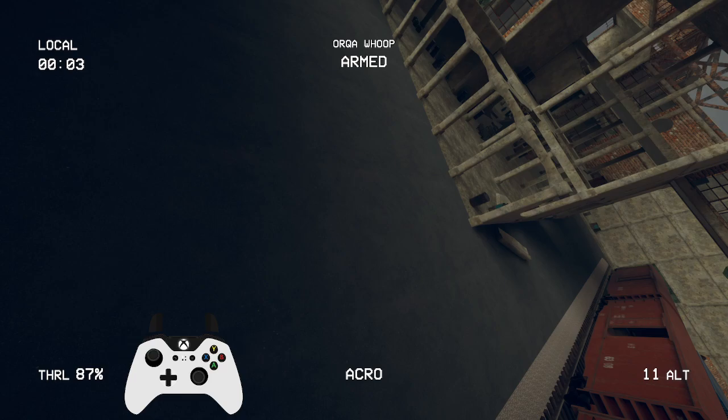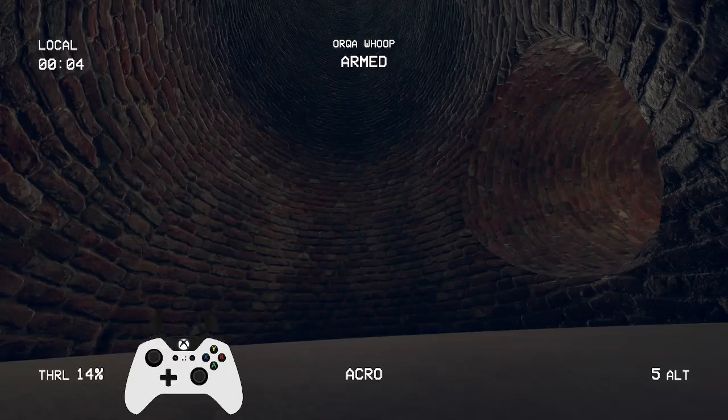Hard to go vertical. I guess I don't really have to even pitch it, but I want to see where I'm going.